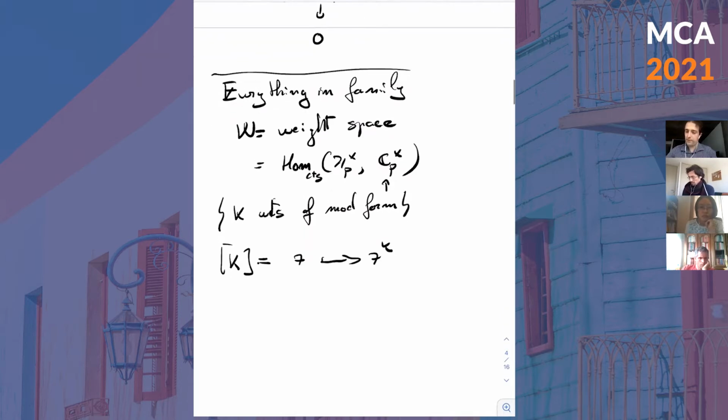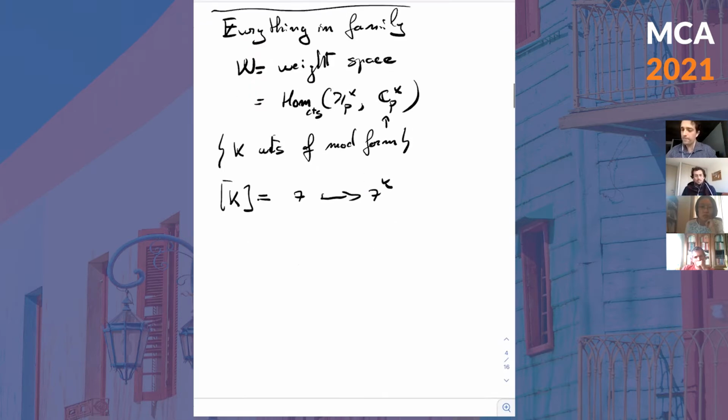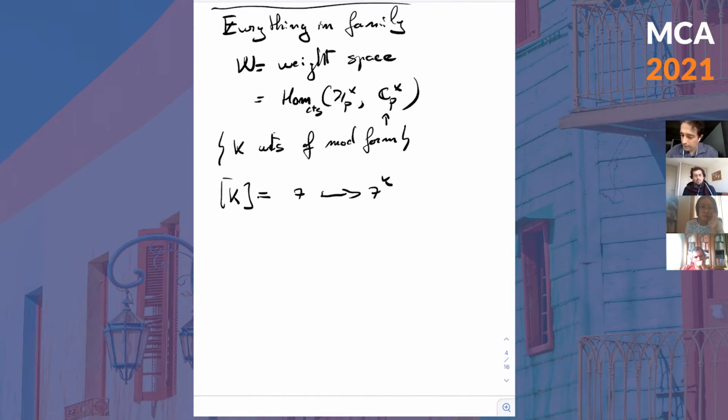And so the weight space is a p-adic space. It's practically a bunch of balls that contains all the weights of modular forms. So the basic idea in p-adic deformation is that when I have a bunch of modular forms, I want to deform them p-adically. We have seen plenty of talks today about this. And so I can construct two objects.